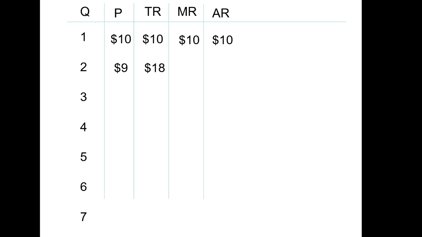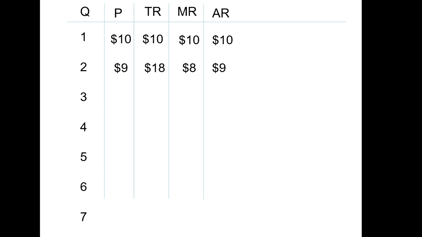Now it's 18, which means revenue changed by 8. Because the first person is no longer paying $10 for that product. That person is paying 9. If I'm selling the product for 9, that person's not going to agree to pay 10. Average revenue is 18 over 2, which gives you 9. I'm not going to do the average revenue going forward. It's the same as the price.